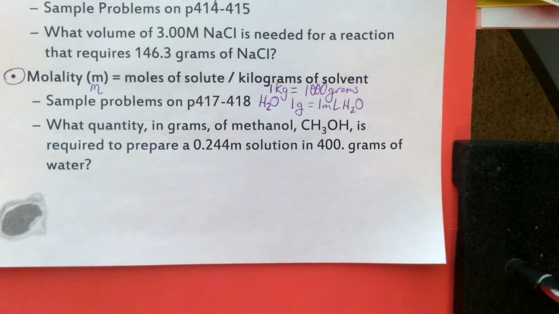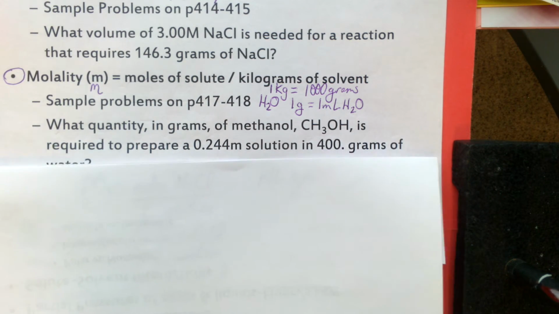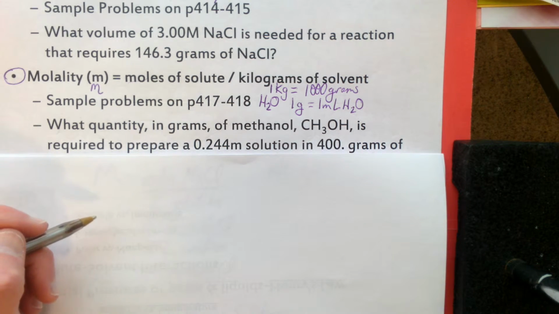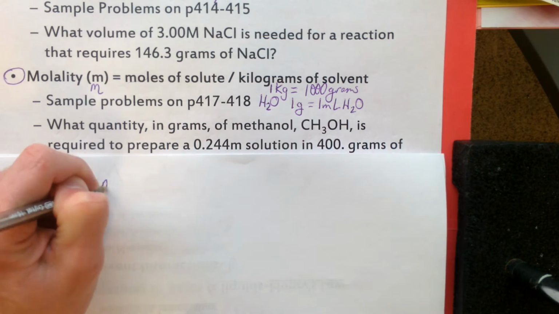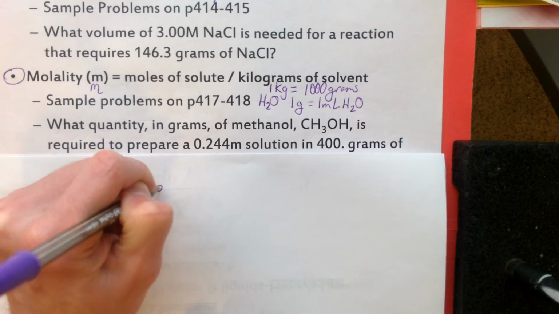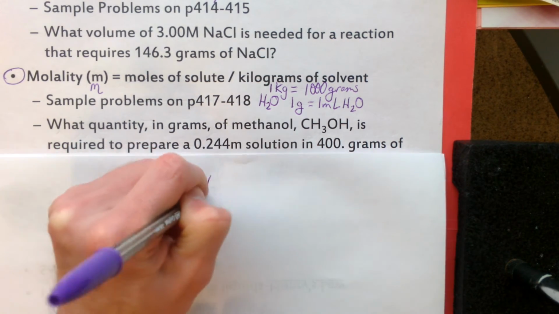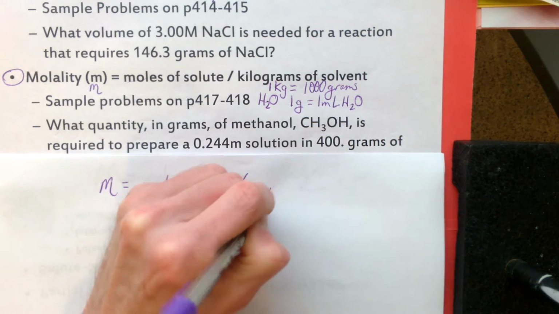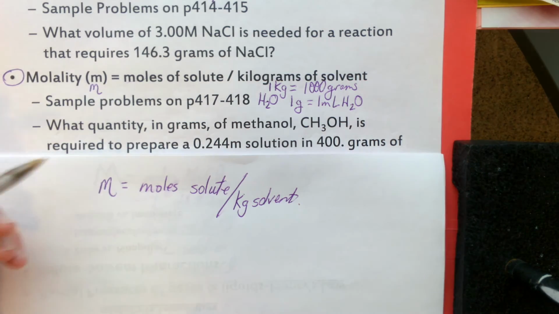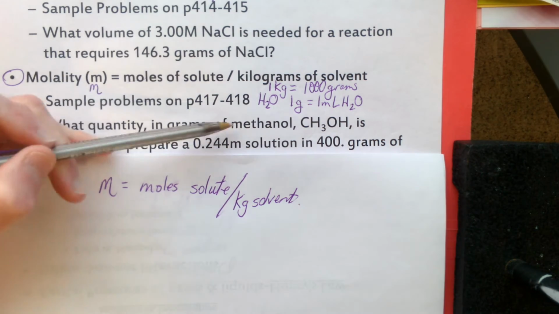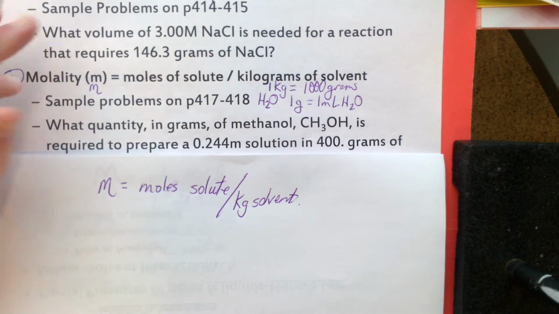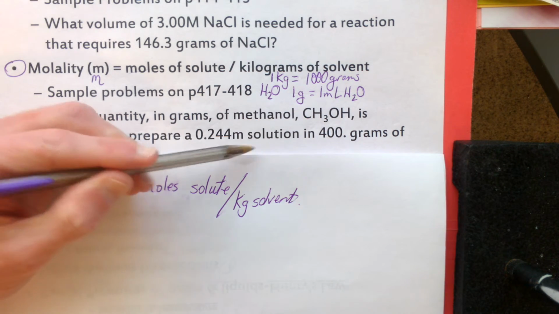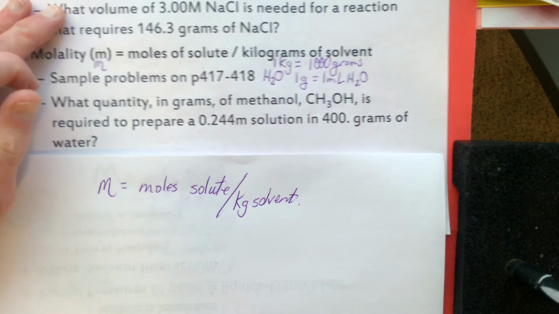Molality is equal to moles of solute, just like molarity, but per kilogram of solvent. So we have molality is equal to moles of solute per kilogram of solvent. And our example problem here is what quantity in grams of methanol, and here's the formula for methanol, is required to prepare 0.244 molal solution in 400 grams of water.